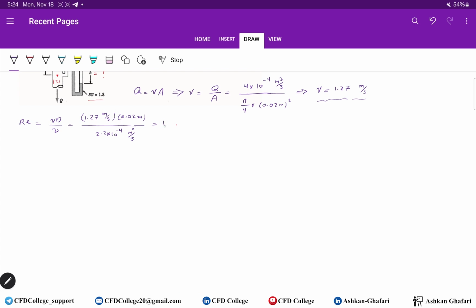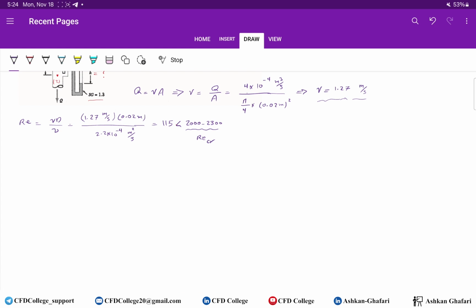So the Reynolds number is equal to 115, which is smaller than the critical Reynolds number, which is between 2000 and 2300. It's the critical Reynolds number in pipe flow, in internal flow actually. If the Reynolds number is less than this value, we can assume that we have laminar flow. We are in the laminar region.